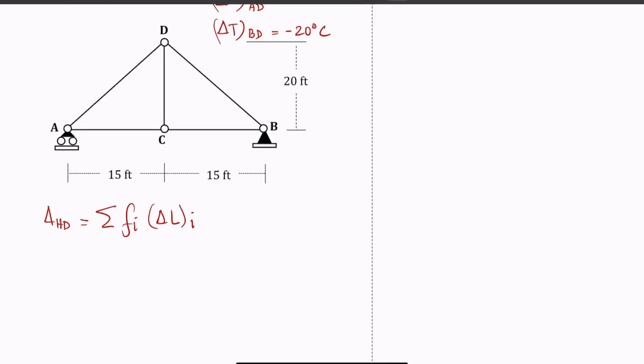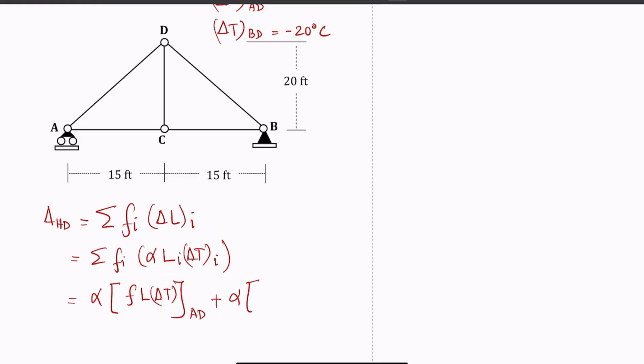and in this case it will be summation of Fi alpha, which is your thermal coefficient of expansion, Li delta T i. So this thermal coefficient of expansion will be the same. This will be F L delta T for AD plus F L delta T for BD.